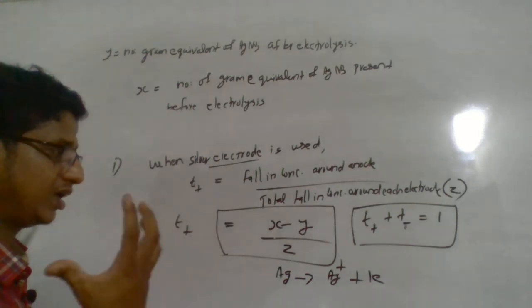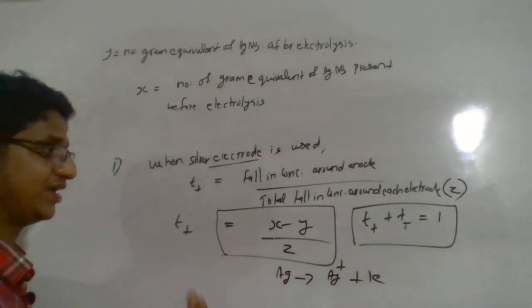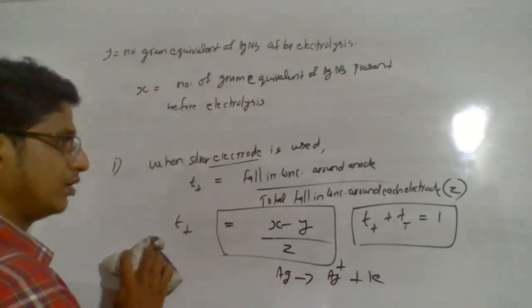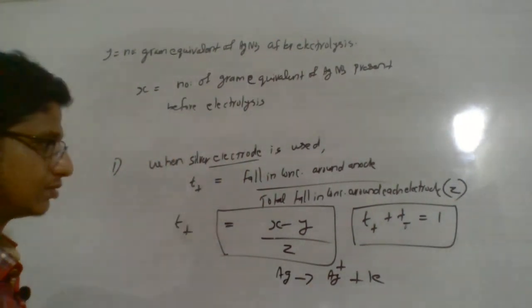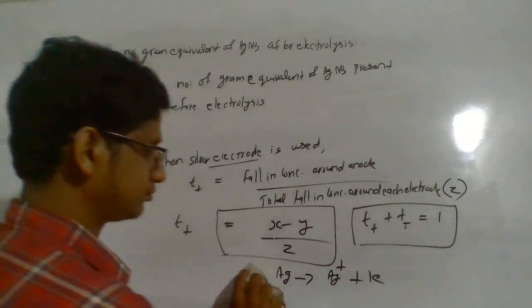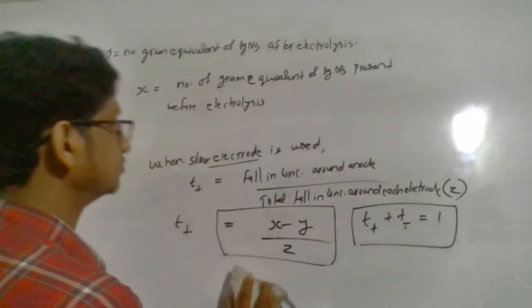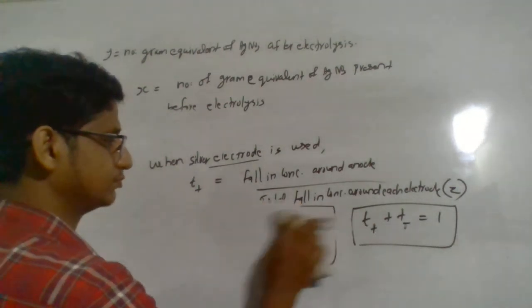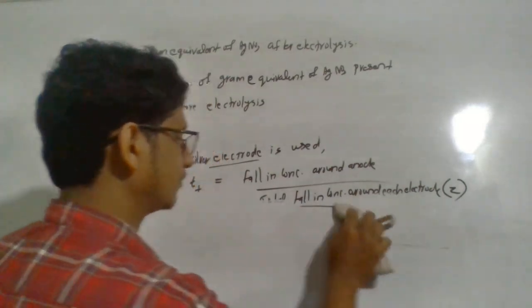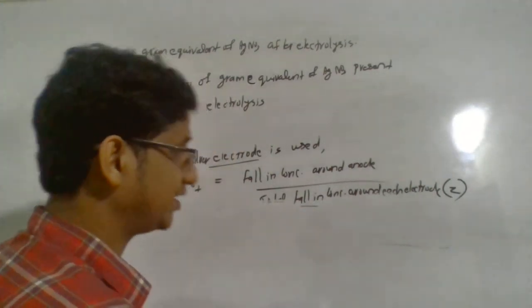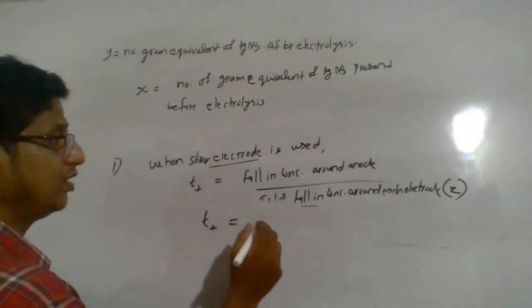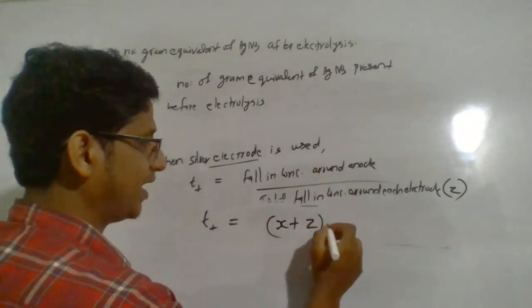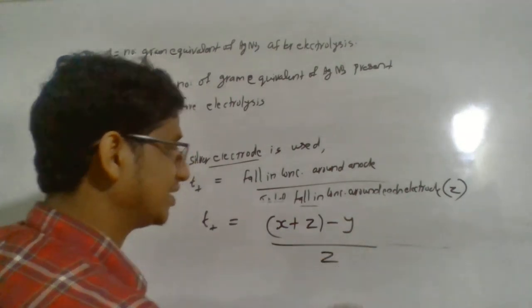Now if you want to calculate the decrease in falling concentration, to find the transport number of the cation, the falling concentration around the anode will be X plus Z minus Y, divided by Z. So what's the significance here?